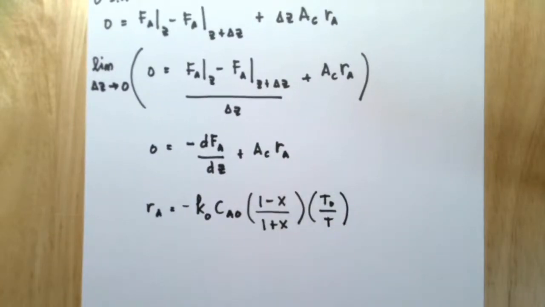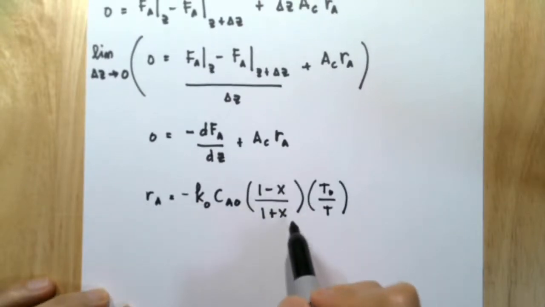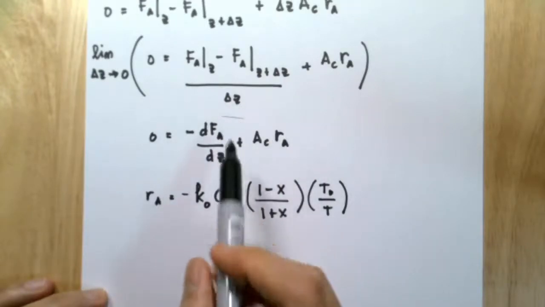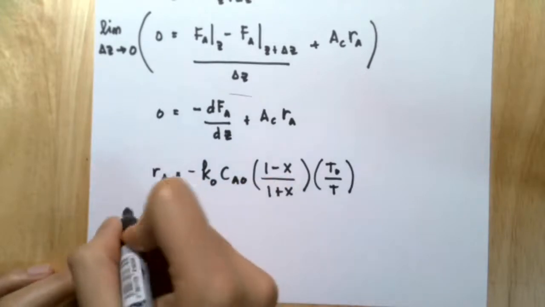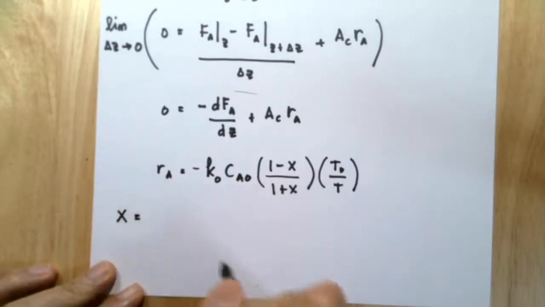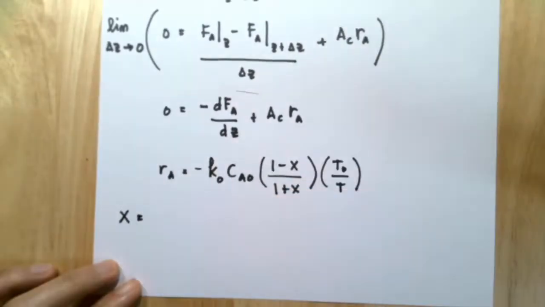Since RA is given in terms of conversion X, it is convenient to write the whole material balance in terms of conversion X. So we know that by definition, the conversion X is equal to the amount of A that has reacted divided by what went in.